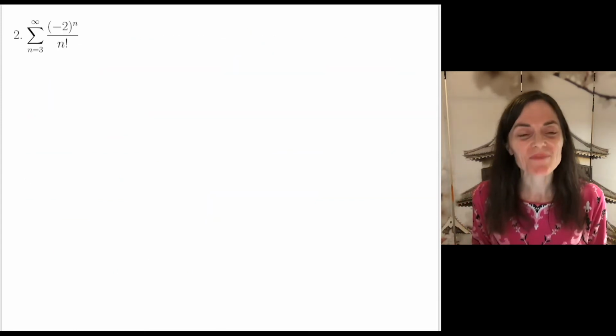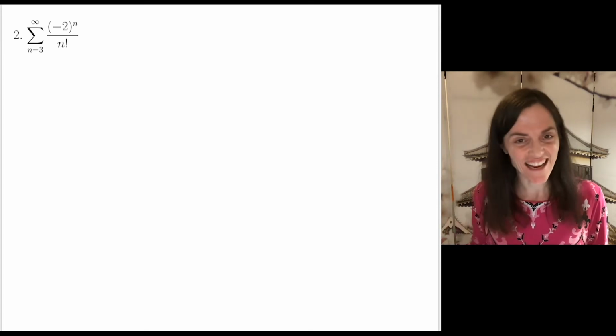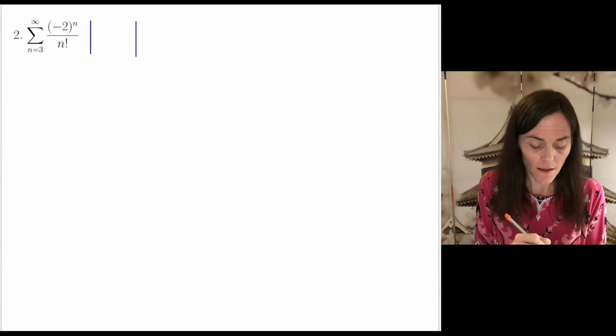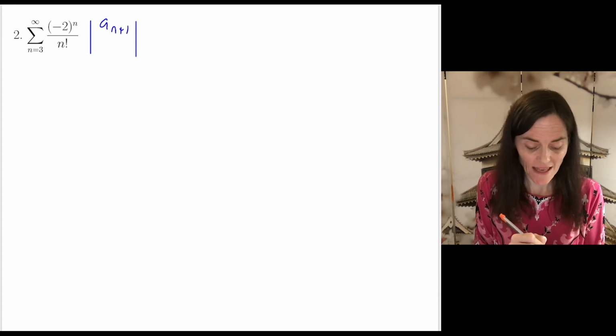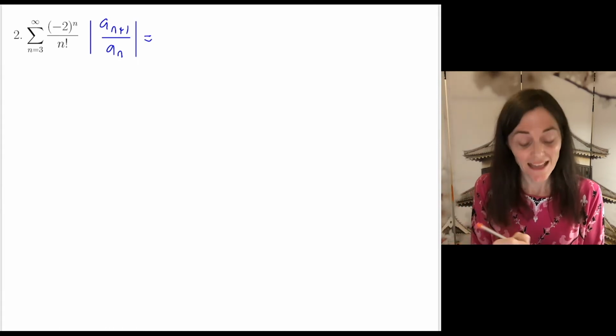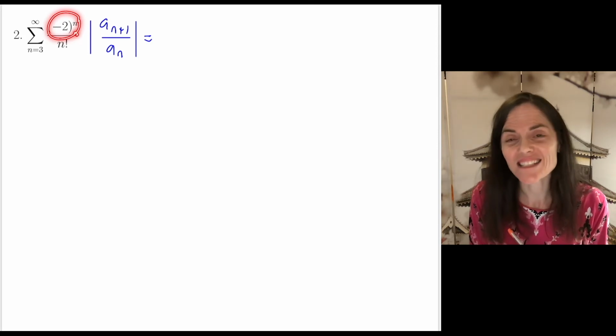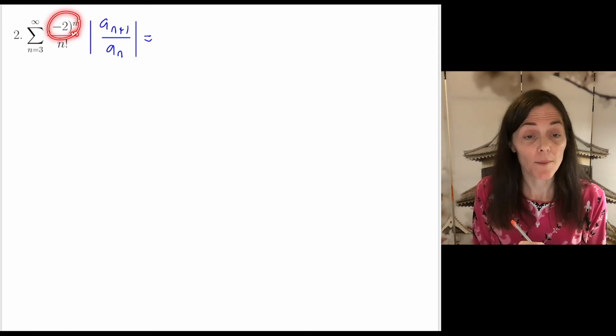Number 2, as I mentioned, this is alternating, and for me, I see factorials and I think ratio test. So we take absolute value, a_n+1 over a_n. Well, in this part, when you take the absolute value of minus 2 to the n, you get 2 to the n.